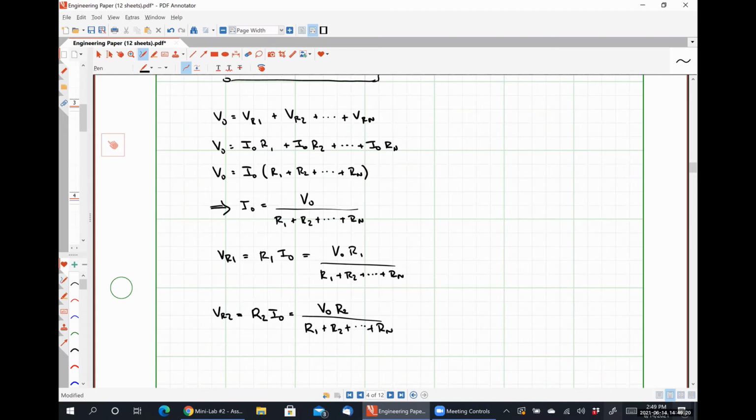So these equations that I've developed here, and I could develop more for other resistors, but it's really pointless because they all follow the same form, let me know what the voltage drop over any resistor in a series of resistances is without ever actually bothering to calculate the current.